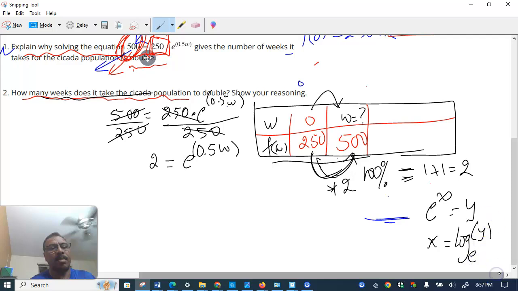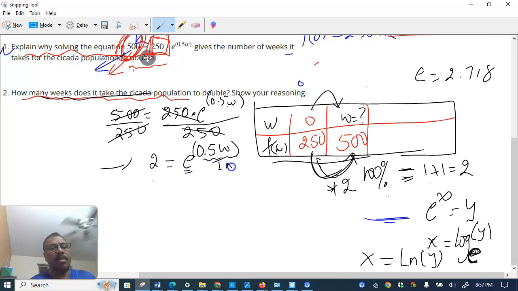But whenever we use log with base e, you just write natural log, because this is called the natural base, which is e, Euler's number, which is 2.718. Especially on the calculator, you will see it is ln, and that's how we write. So applying it right here, this is the input, and this is the output.